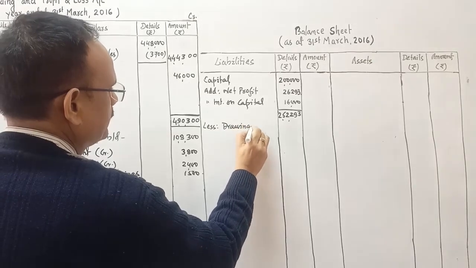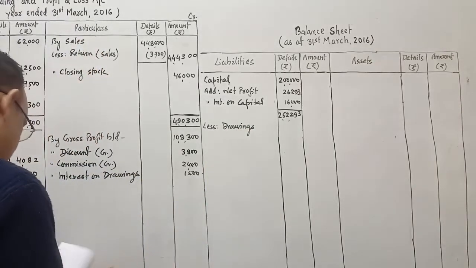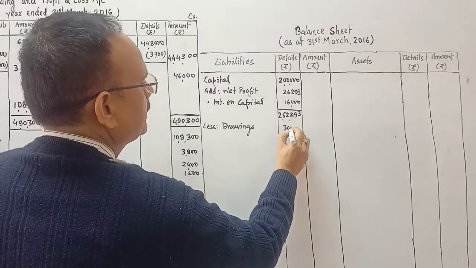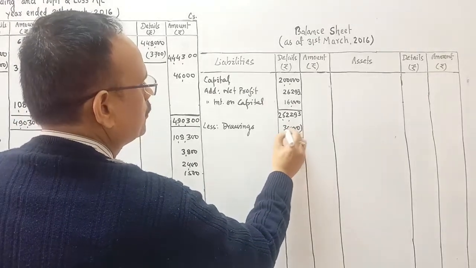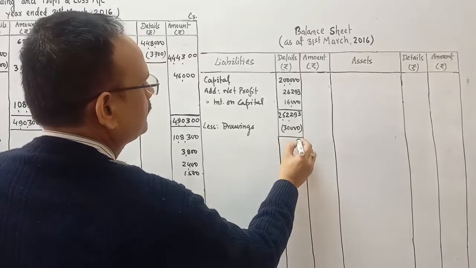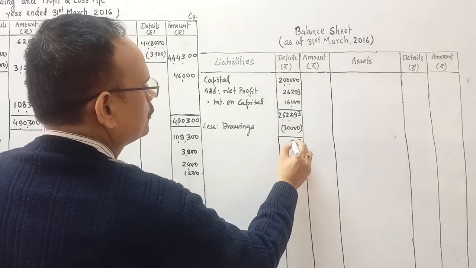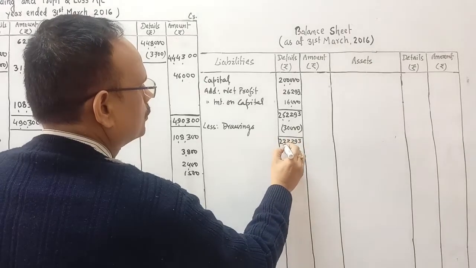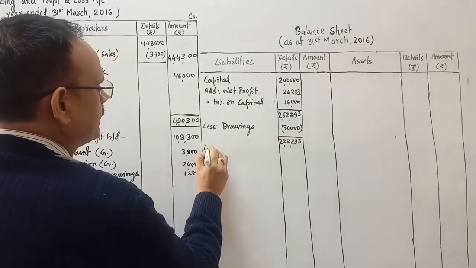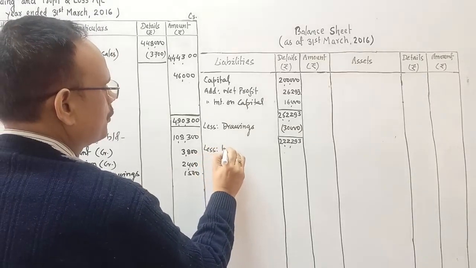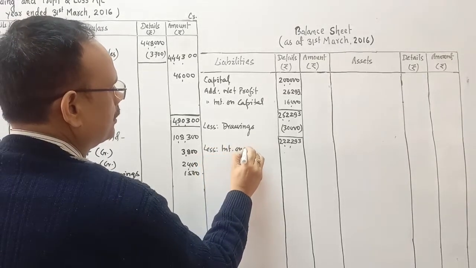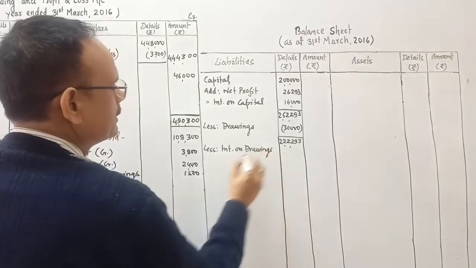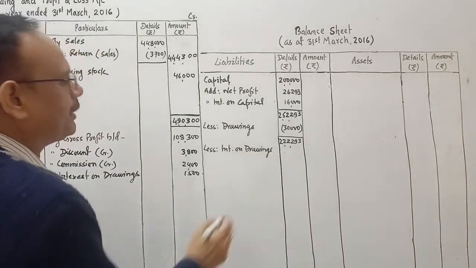Then we will deduct drawings from this. Drawings given in the trial balance is 30,000. So we will deduct the drawings. Thereafter we will deduct interest on drawings. This interest on drawing is 1,500.